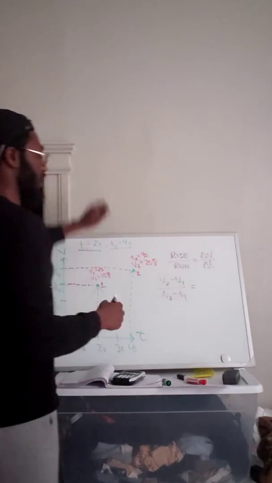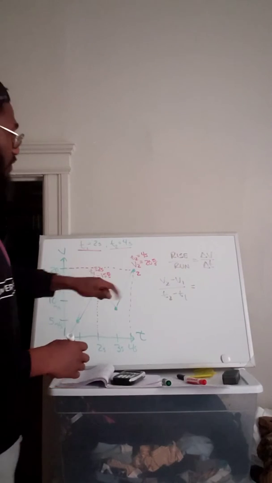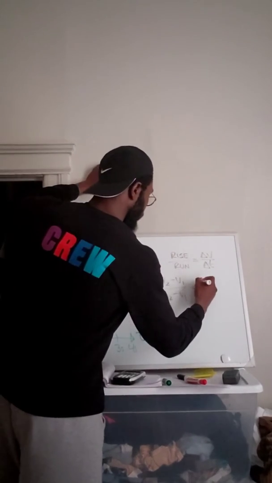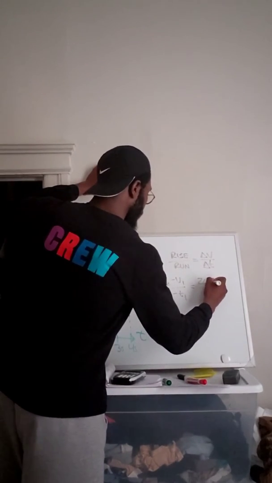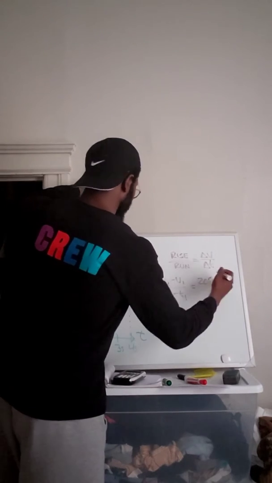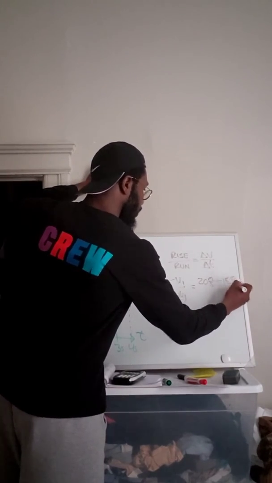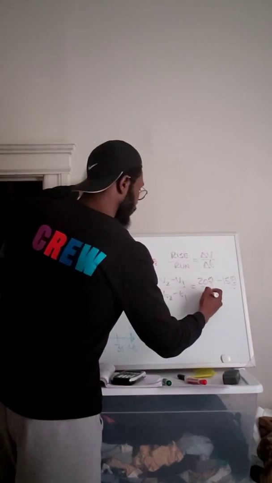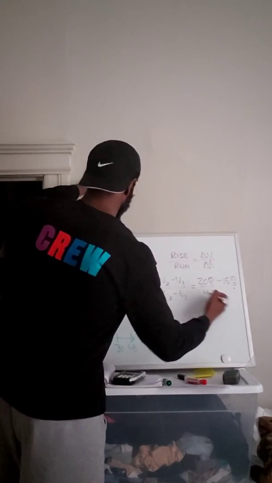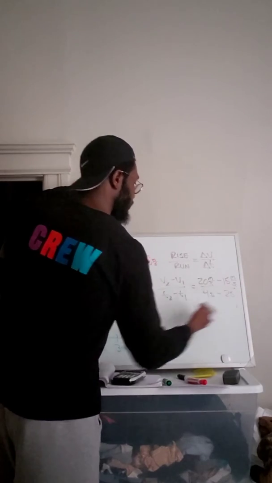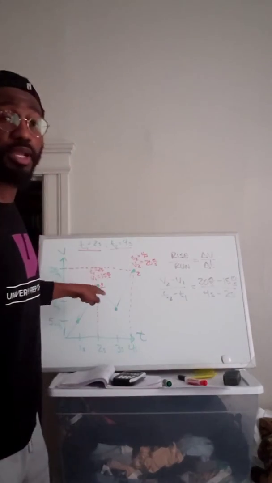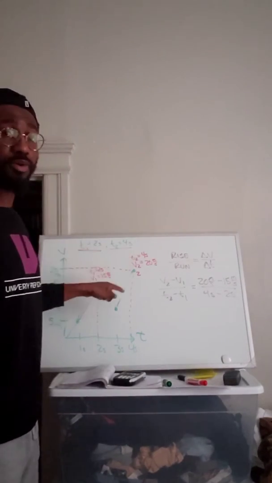Okay. So now we can go ahead and plug in our variables. We know V2 is equal to 20 meters per second and V1 is equal to 15 meters per second. We know T2 is equal to 4 seconds and T1 is equal to 2 seconds. All right, because we already labeled all of that information on our graph.